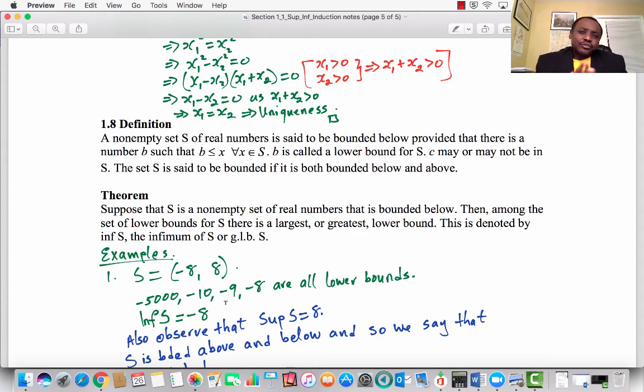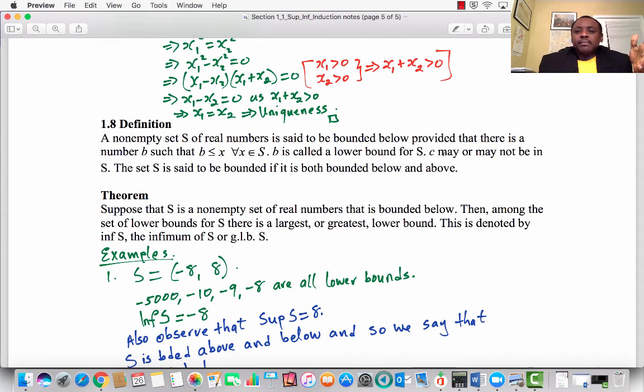1.8 Definition. We've talked about upper bounds. What about lower bounds? A non-empty set S of real numbers is said to be bounded below, provided that there is a number B such that B is less than or equal to X for every X in S. B is called a lower bound for S. B may or may not be in S. Oh, by the way, this is B and not C. That is the problem with copy and paste.